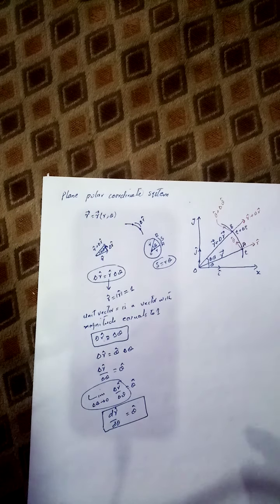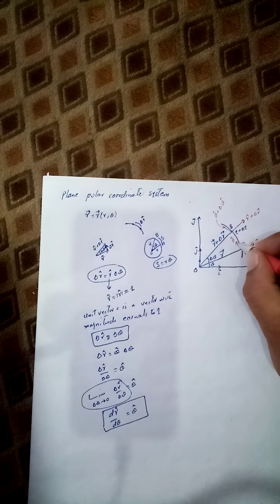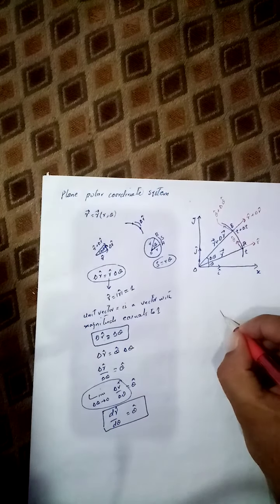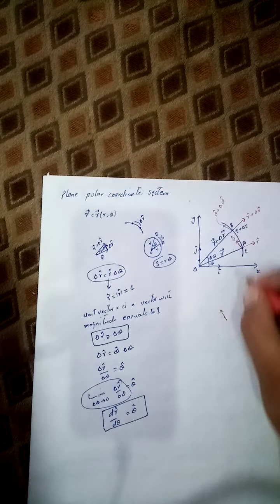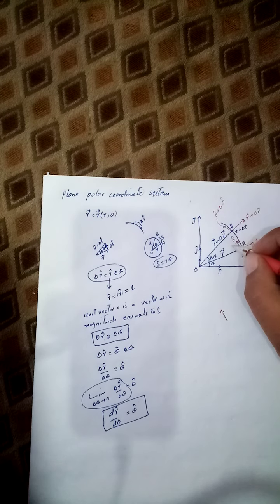Now if we look at the direction of theta cap, theta cap represents the direction along the angular direction. Its direction is something like this. While theta cap plus delta theta cap direction is different from this theta cap.